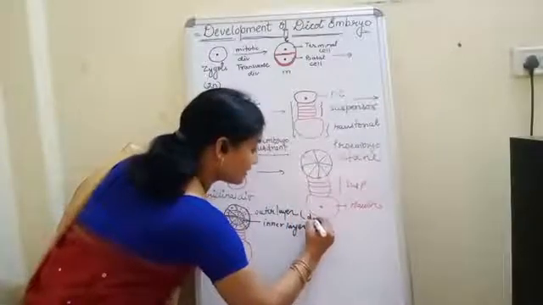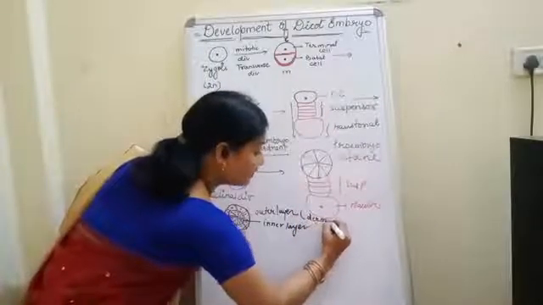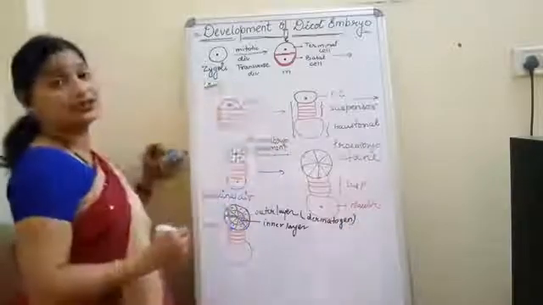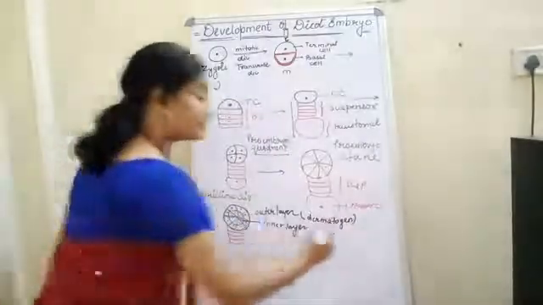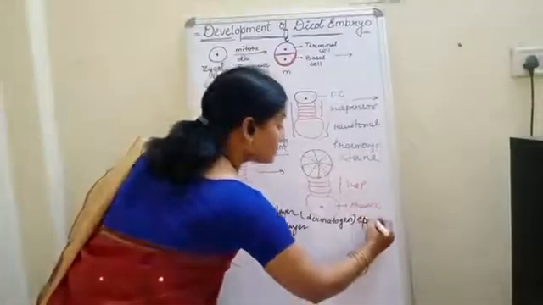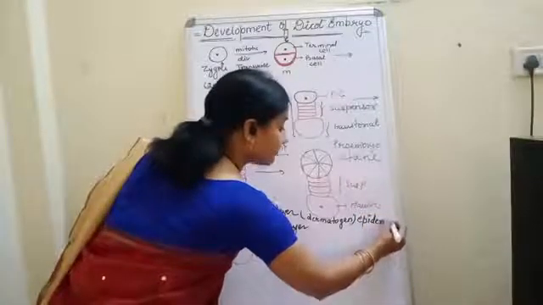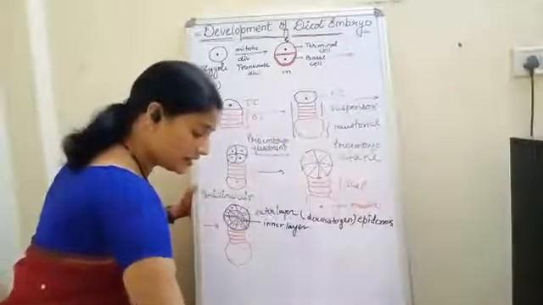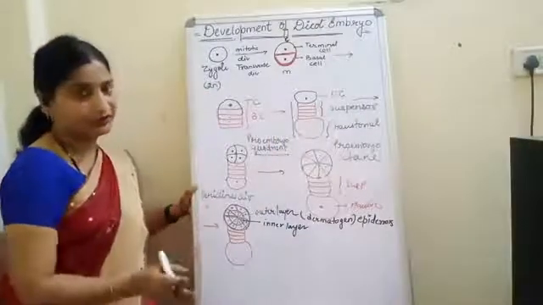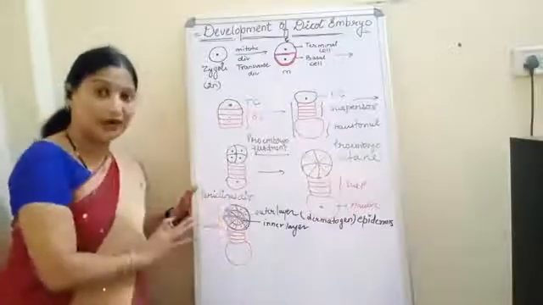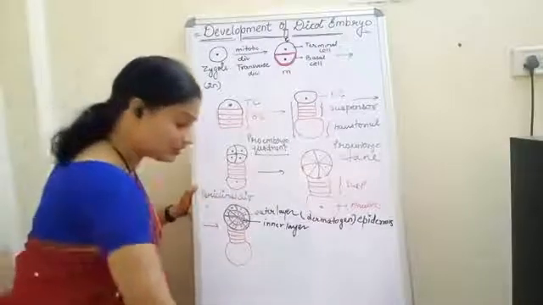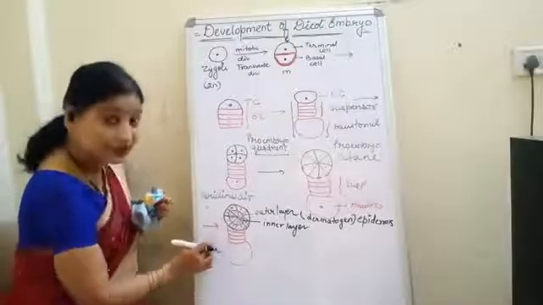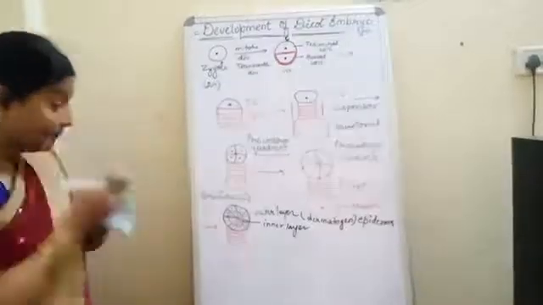I am writing here: outer will form dermatogen, and this dermatogen, the outer layer, will give rise to the epidermis, the outermost layer. And then we have the inner layer that will give rise to the endodermis and different parts of the cell. Now see what happens to this suspensor and haustorial cells.